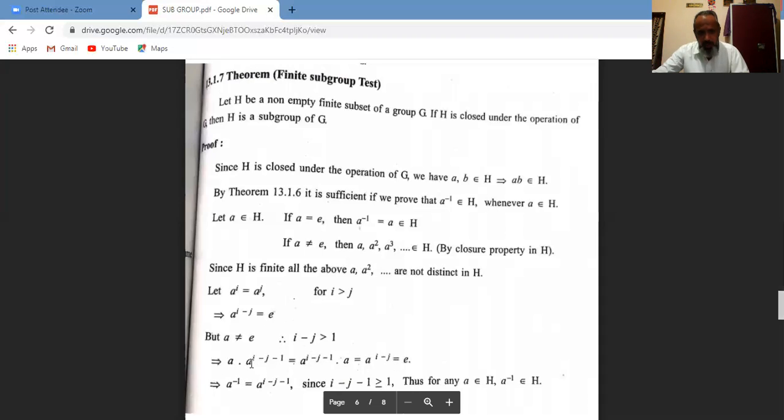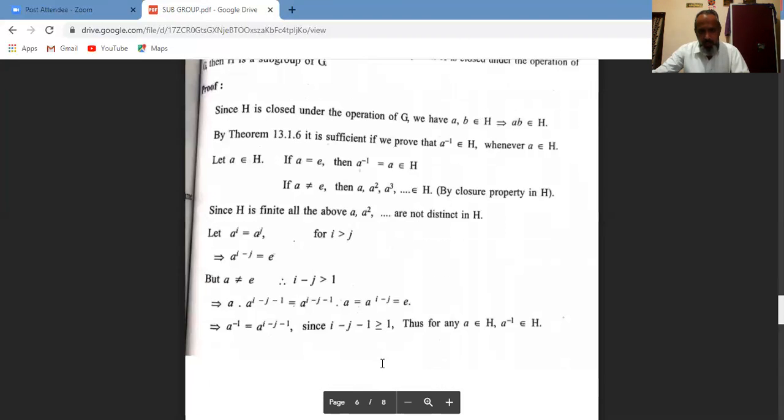So A into A power i minus j minus 1 is equal to the identity element, which means this is the inverse of this element A. So A inverse can be written as A power i minus j minus 1, since i minus j minus 1 is greater than or equal to 1. Thus, for any element A, the inverse exists.